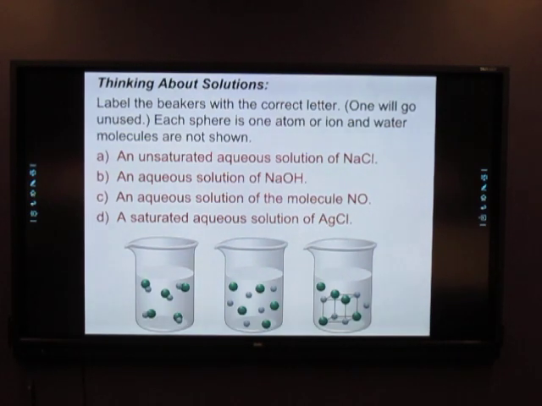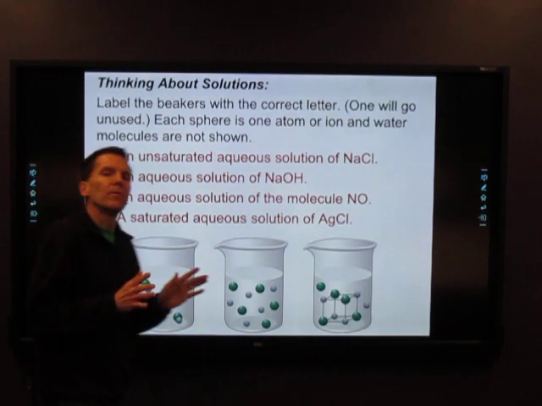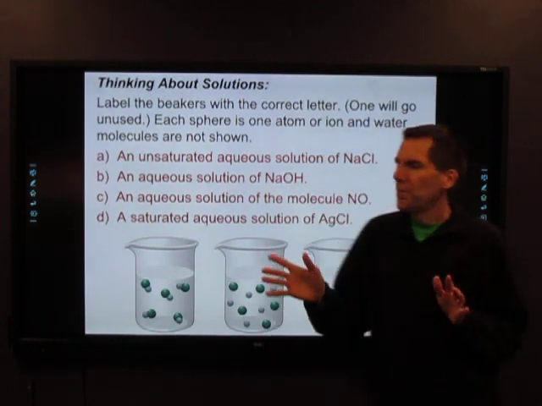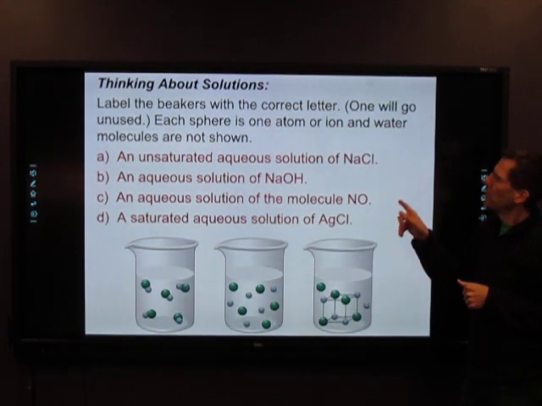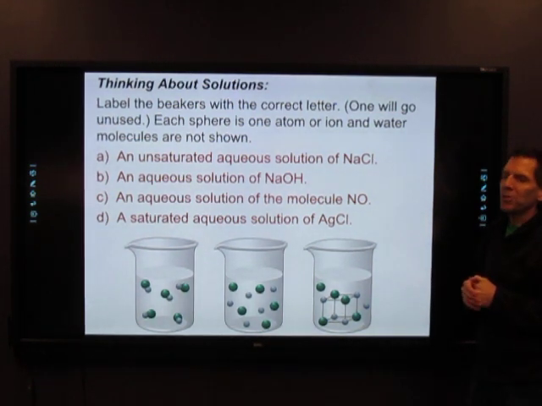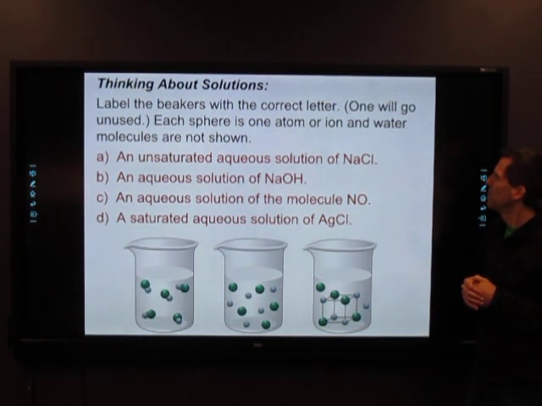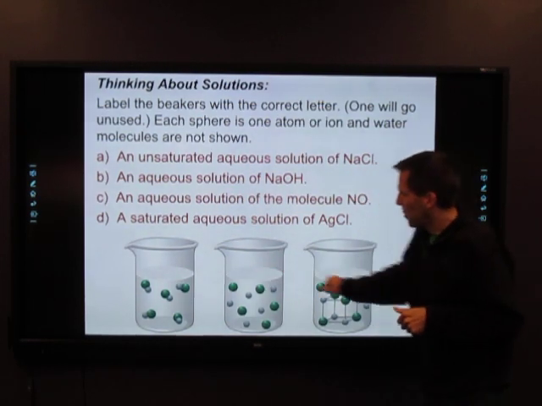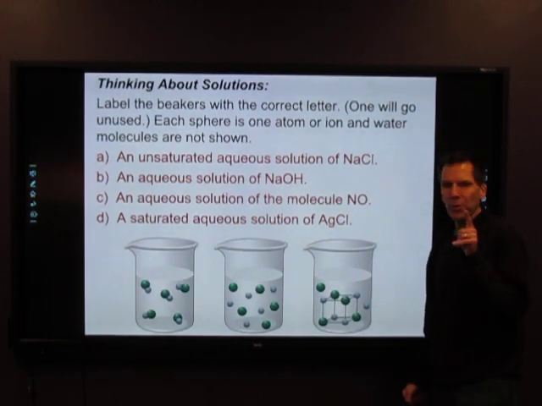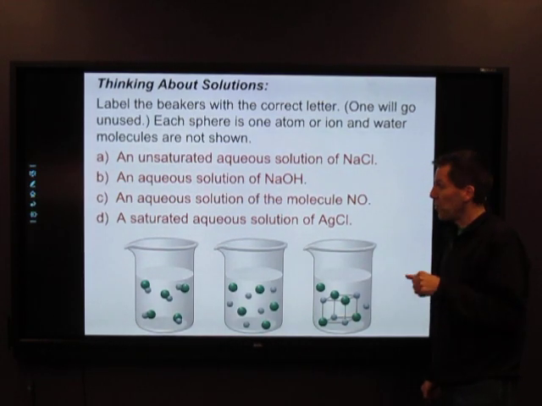And so here's a big picture question to think about solutions. You'll have this picture in your notebook. And so label each of these beakers with the correct letter. So put an A, B, C, D next to one of the beakers. One choice will not be used amongst the three.